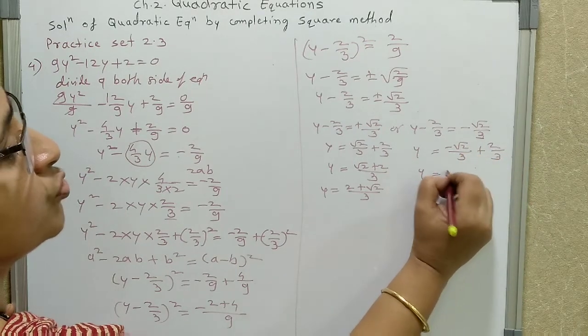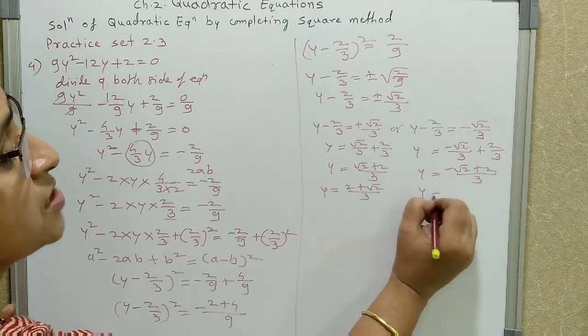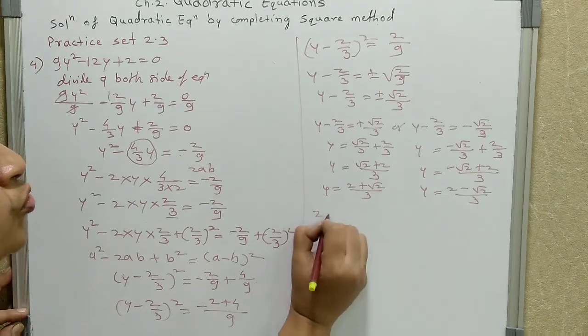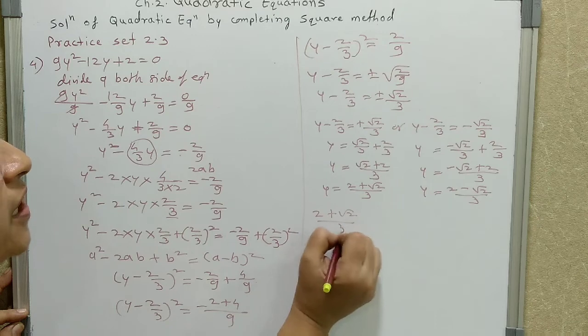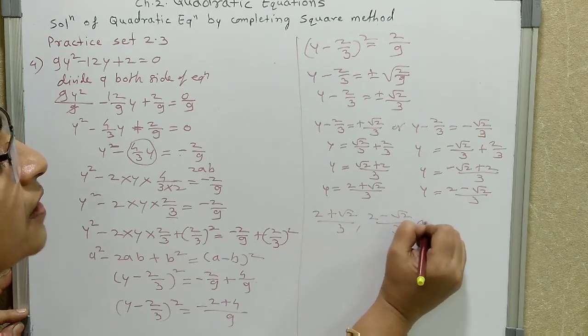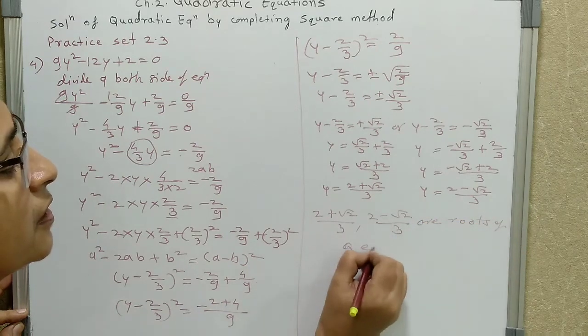Now y is equal to minus root 2 plus 2 upon 3. So y is equal to 2 minus root 2 upon 3. 2 plus root 2 upon 3 and 2 minus root 2 upon 3 are the roots of this quadratic equation.